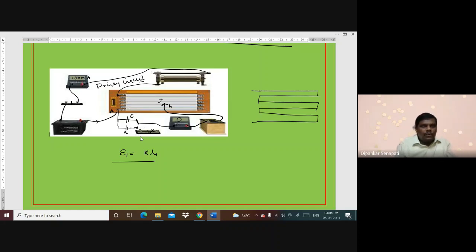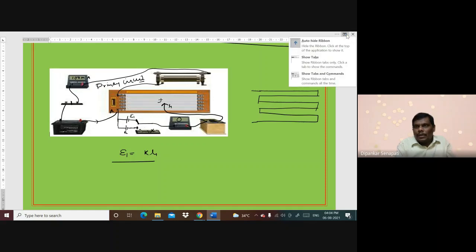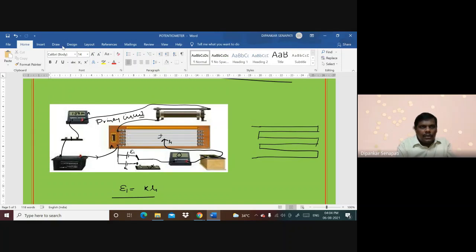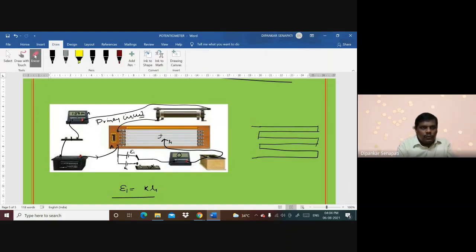Now, to proceed, what do we have to do? We have to disconnect the battery E1, and we will connect E2.